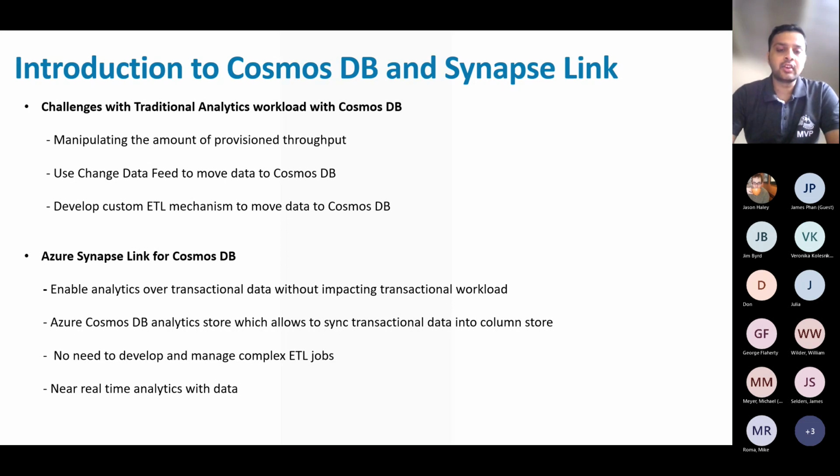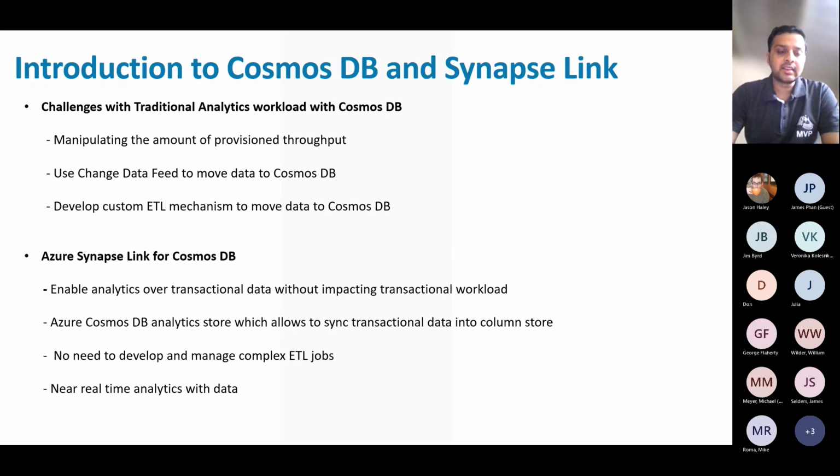But if it is auto scale, then the cost of Cosmos DB is very high. And if we manually set the provisioned throughput at the beginning itself, then there are possibilities that in case of more workload, we won't be able to read or write data efficiently with Cosmos DB. This is one of the bottlenecks.